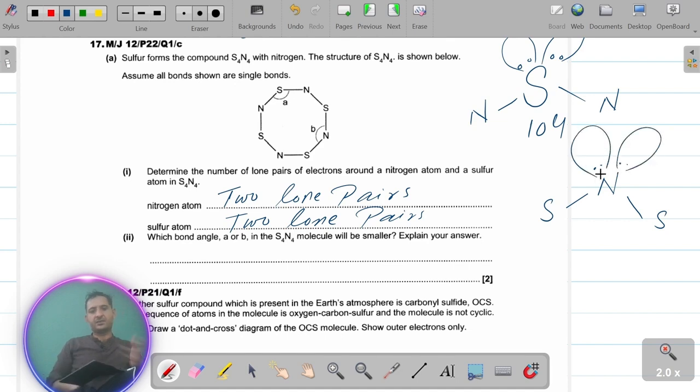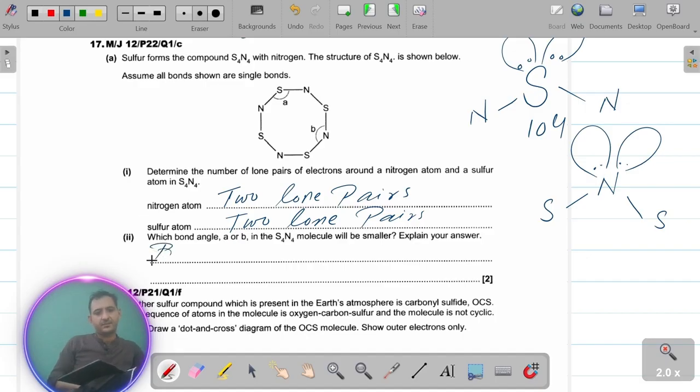So they are also making the same bond angle. Sulfur is bigger in size, but the geometry depends upon the number of bonding electrons on the valence shell. So which bond angle, A or B, in S4N2? I think both are the same.